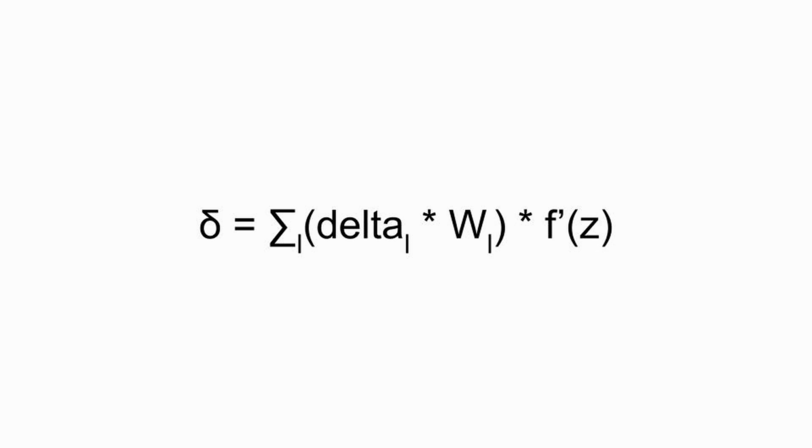Like the output layer's delta error, it's also proportional to the derivative of the activation function at the point z of the hidden layer neuron. In other words, the error for this neuron depends on the sum of all errors to which it contributed, with each contribution weighted by the connection weight between this neuron and the neurons in the next layer.